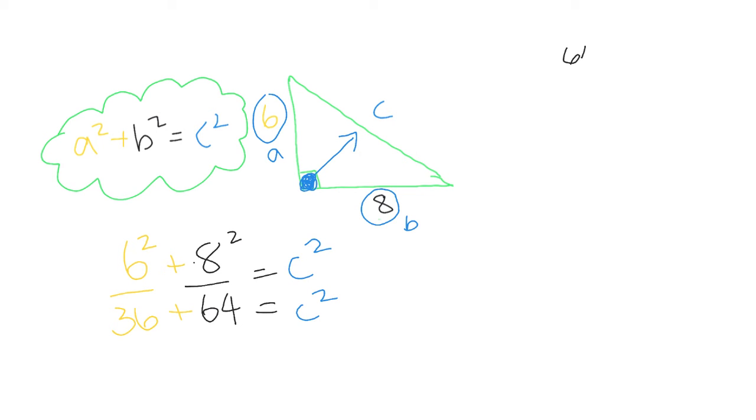So 64 plus 36 equals, the 4 plus 6 is 10, carry the 1, 1 plus 6 is 7, 7 plus 3 is 10. So 36 plus 64 equals 100.